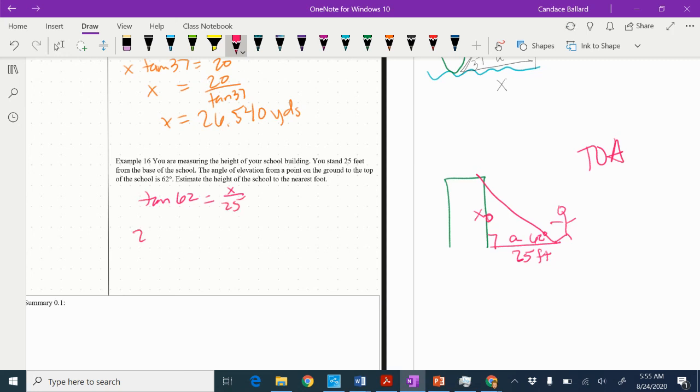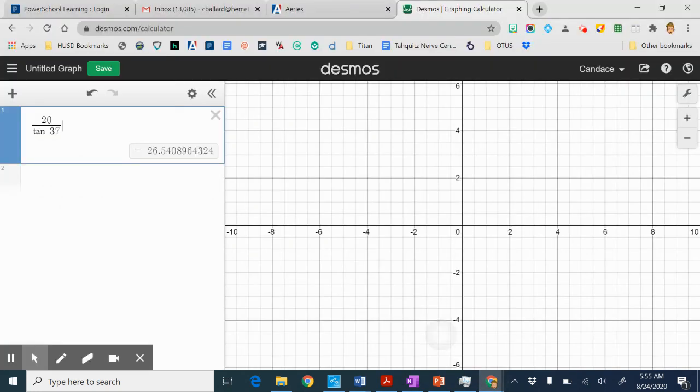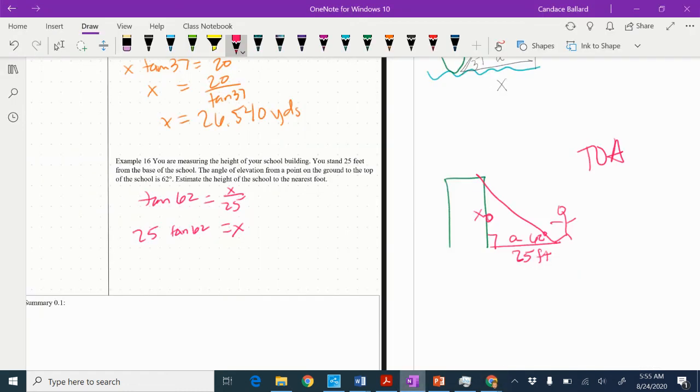I'm going to multiply by 25 and put that into Desmos. So 25 times the tangent of 62 gives 47.018, and this was in feet, equals x.